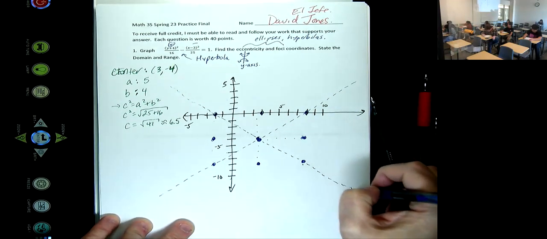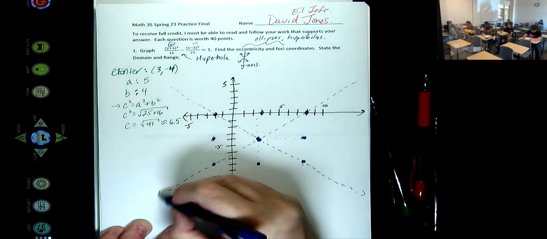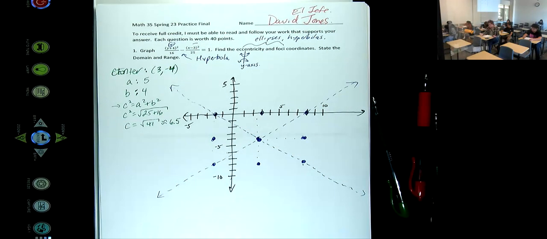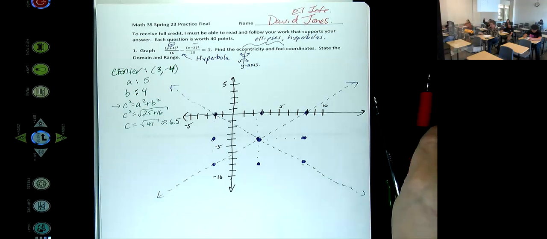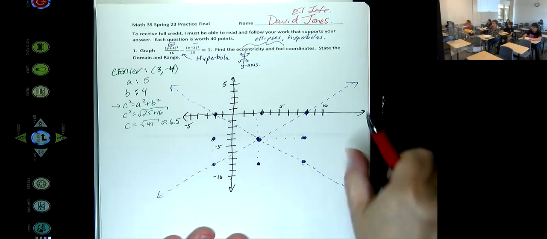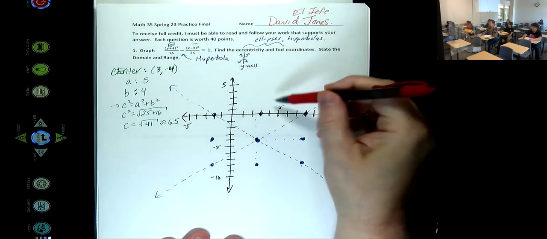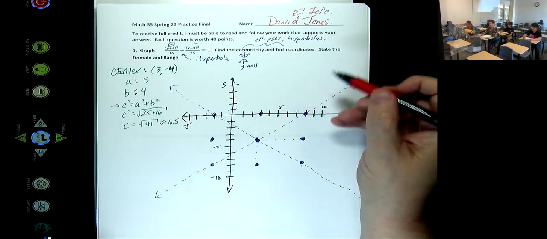It's hard to draw a straight line when I'm not doing it away from me or towards me. But that looks about good. All right, now what? I draw my hyperbola, right? And we said it was going to go up and down, and it has to go towards the asymptotes. That's what asymptotes do.